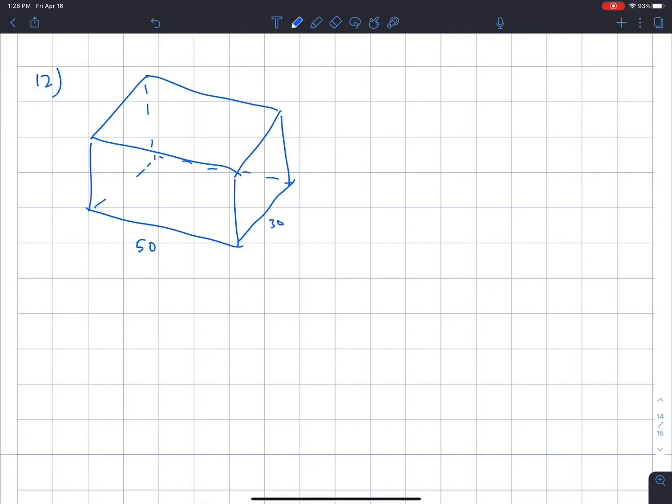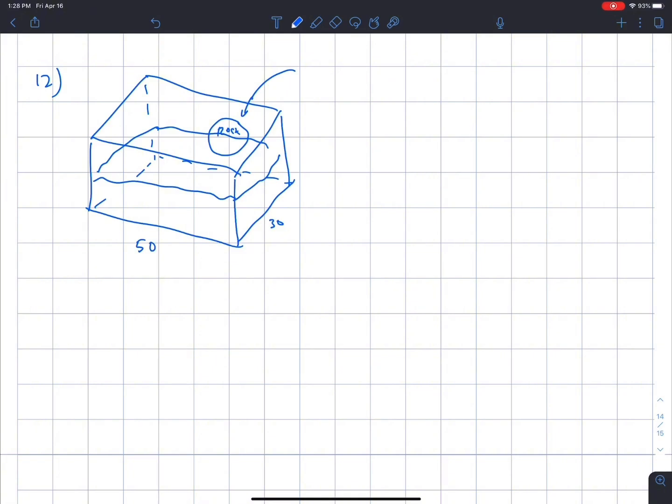If the water level rises 3 cm after we put the rock in, so maybe initially it was already filled with some water, and then we drop the rock in. So let's assume that's the rock. Drop it in, and the water level rises by 3 centimeters.